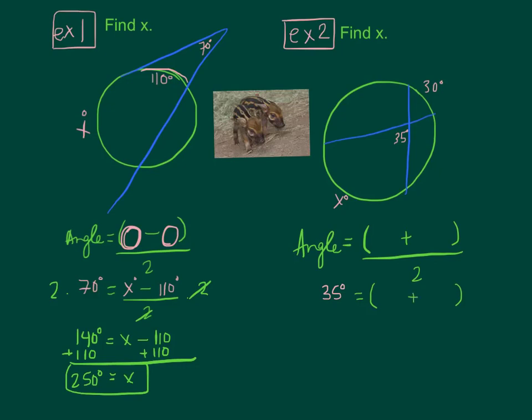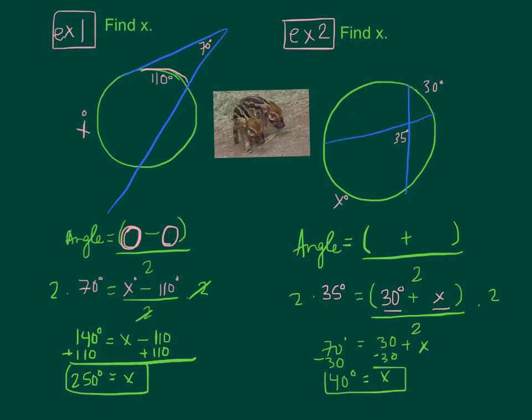Now when we're adding, the order doesn't matter, so I'm going to go ahead and put 30 degrees in x. If you chose to put the x here and the 30 here, it would not change your answer. And divide by 2. Now I'm going to do some calculations to isolate my x. I'm going to multiply by 2 on both sides to get 70 degrees equals 30 plus x. Now I'm going to subtract 30 from both sides to get that arc right there is 40 degrees.